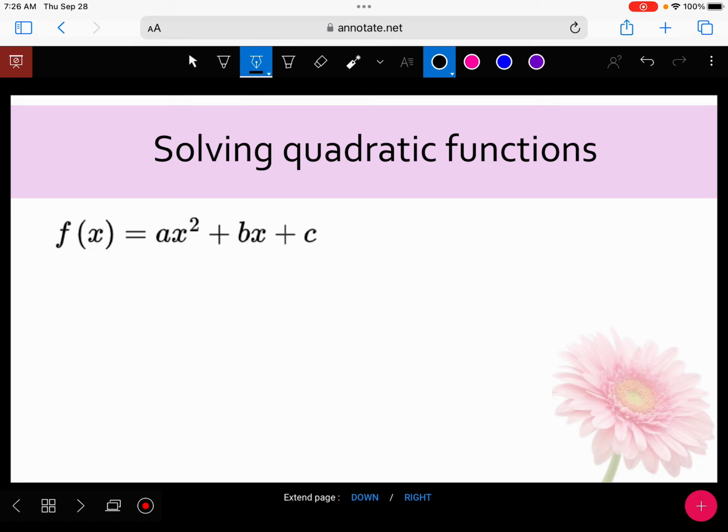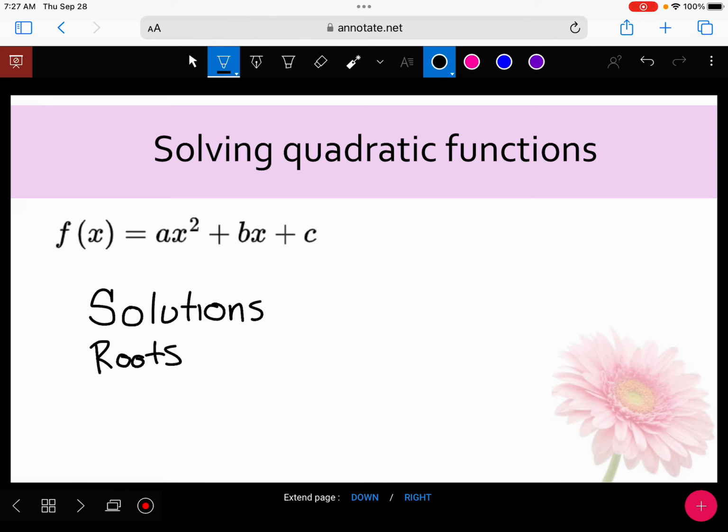So one thing we need to know is what the heck is a solution when we're solving a quadratic function. The word solution has 4 synonyms, or 3 synonyms, so there's 4 words that mean the same thing. So solutions are the same things as roots, which doesn't really help us see what's going on here.